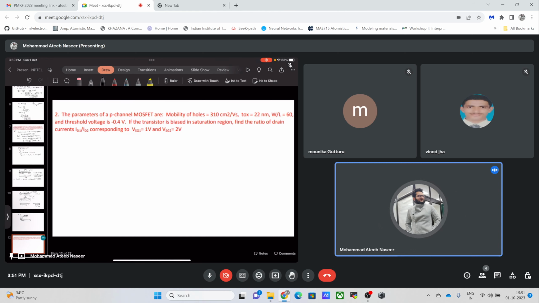Now we have another problem which says the parameters of a p channel MOSFET. This is quite interesting, now we have a p channel MOSFET, so we will have the n type substrate. As a result of this n type substrate, we will be attracting the holes towards the interface and repelling the electrons from the interface.